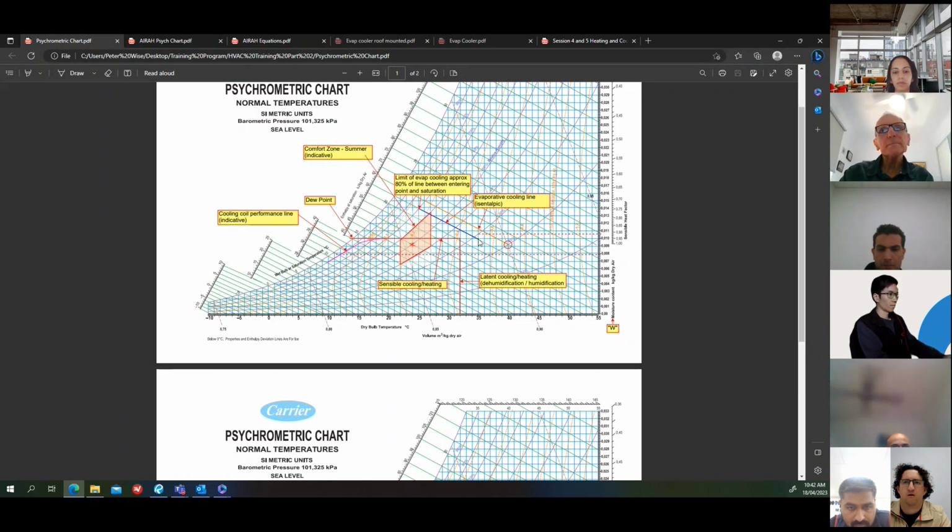And so the process occurs along this wet bulb line. And typically, an evaporative cooler, the best you'll get is about 80% saturation. You won't be able to go to 100% saturation. So if the conditions are hot and dry, you can see that you can go from 35 to 25 degrees. And that's a fact. It works.